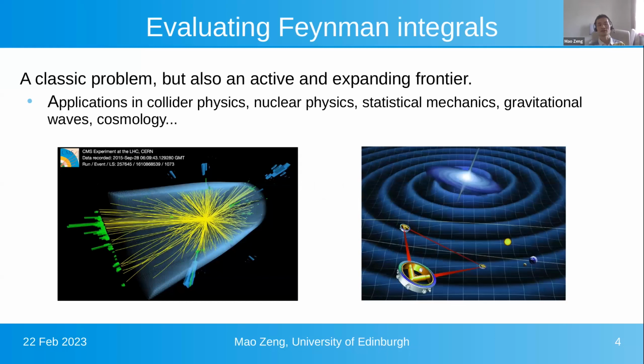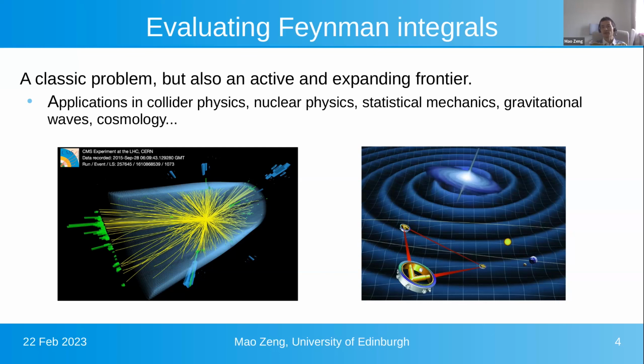Feynman integrals are a very classic problem, as old as quantum field theory itself, but also a very active research frontier. They have well-known applications, for example, in Euclidean physics, nuclear physics, and statistical mechanics.